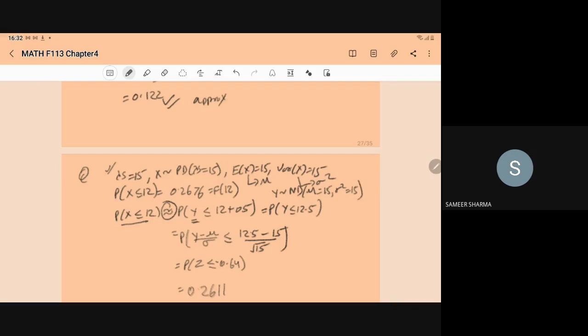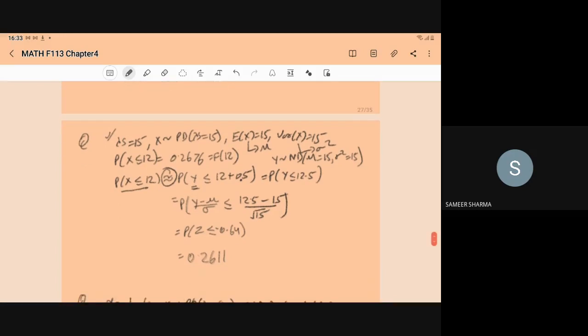You are approximating with the same mean and same variance. So the probability x less than or equal to 12 can be approximated by the probability y less than or equal to 12 plus 0.5. You have to add the half unit correction, so it becomes the probability y less than or equal to 12.5.